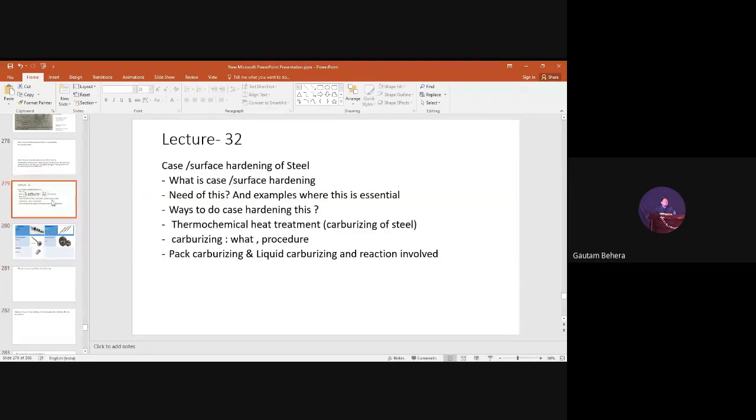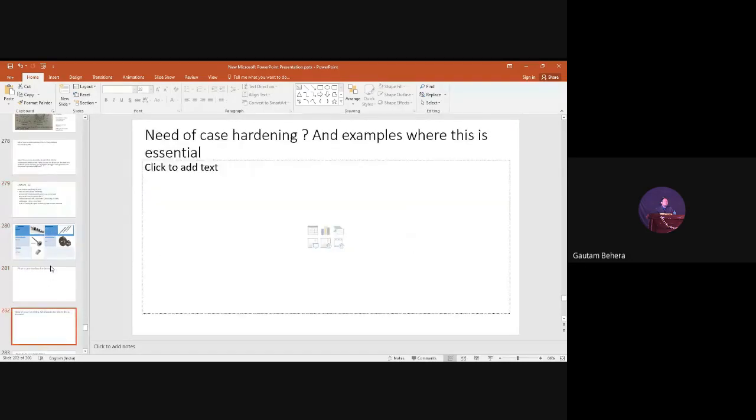Okay, need of this. So for the need of this, I can write: certain components in moving condition. Moving condition means they are in rotation.